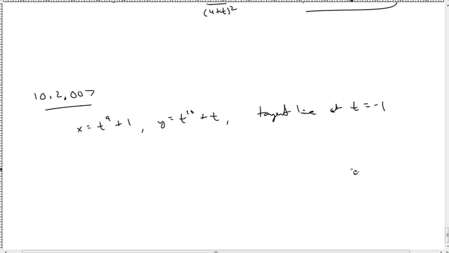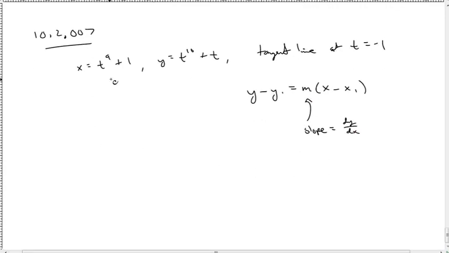So how do we do the tangent line stuff? What comes to mind? Well, a line equation is y minus y1 equals m times x minus x1, something like that. This m is my slope, which is my derivative, dy/dx. And so I need to find my derivative, and then I can plug it in basically. So let's go and find that.